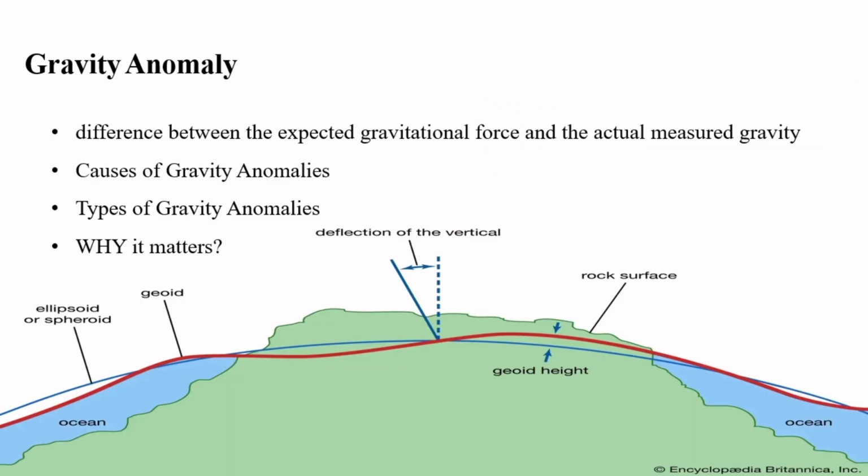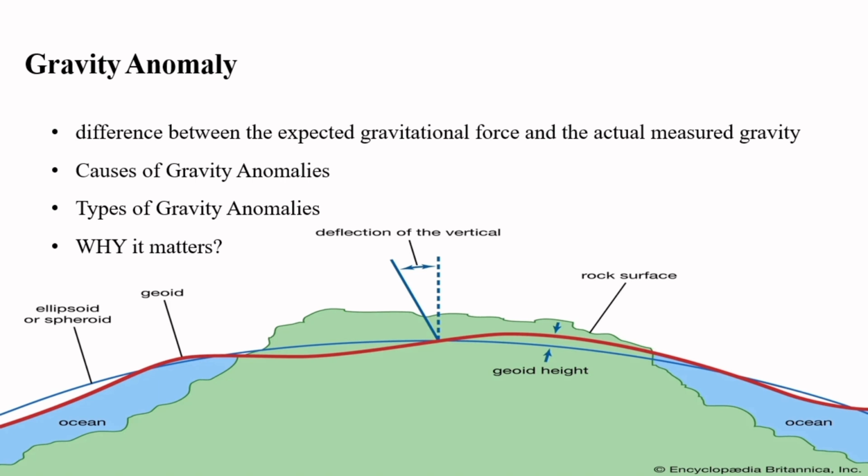A gravity anomaly refers to the difference between the expected gravitational force, which is based on an ideal symmetrical Earth, and the actual measured gravity at a specific location. Now, about causes of gravity anomalies. As you know, there are some variations in Earth's density. Denser or less dense materials beneath the surface can cause gravity to deviate.